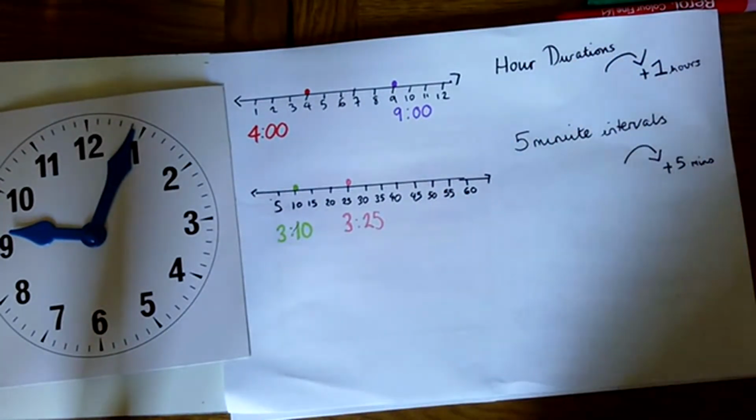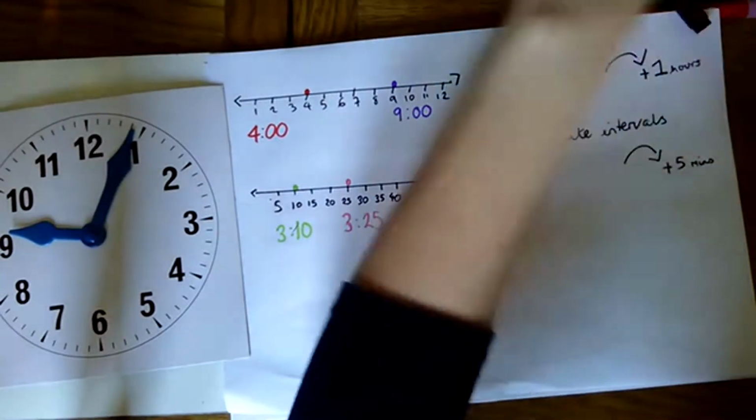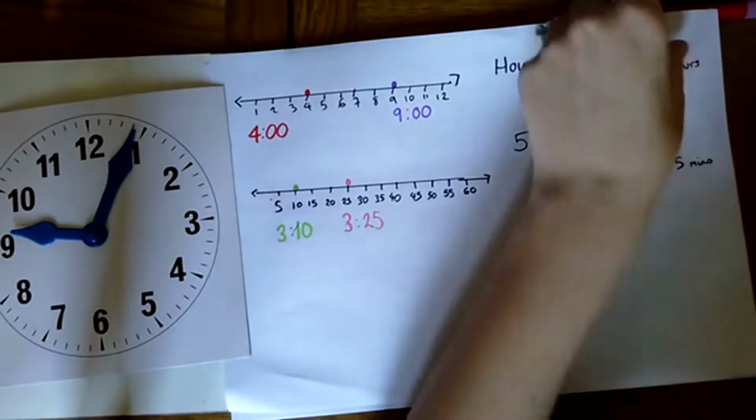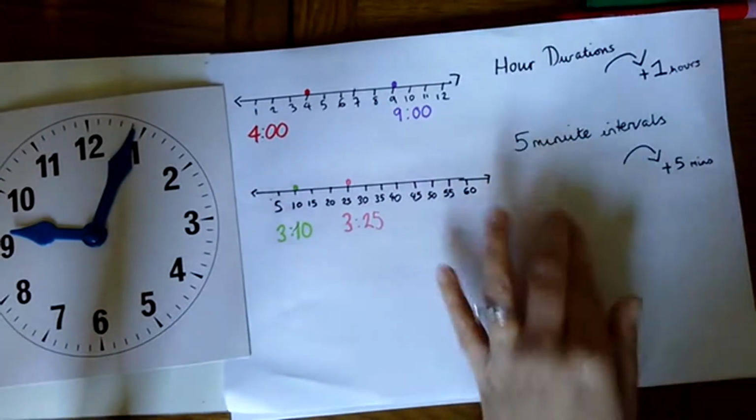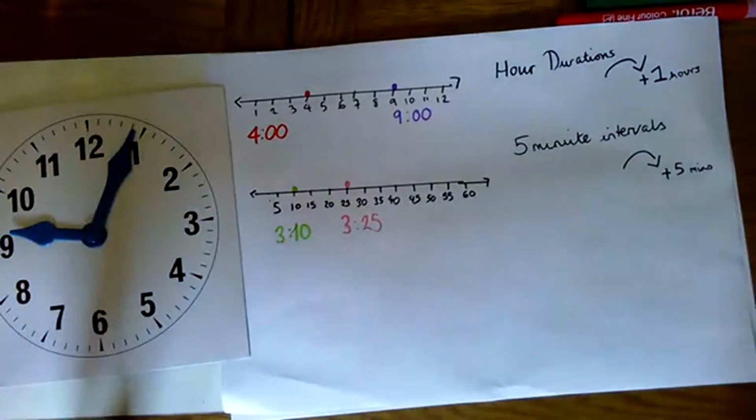So yesterday we looked at durations across different hours. When we're looking at durations across different hours, all we need to do is simply add one each time because we're adding an hour each time.